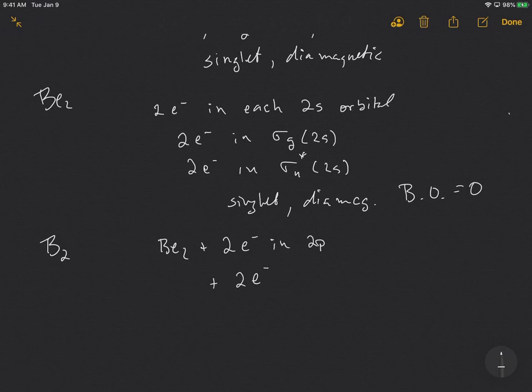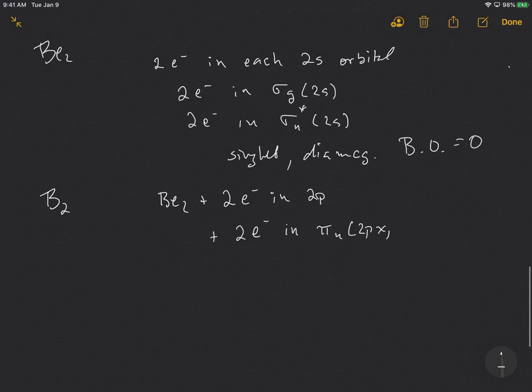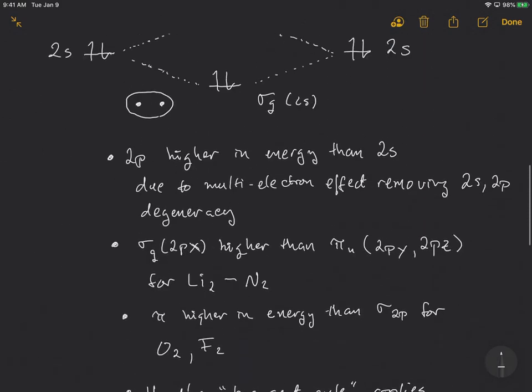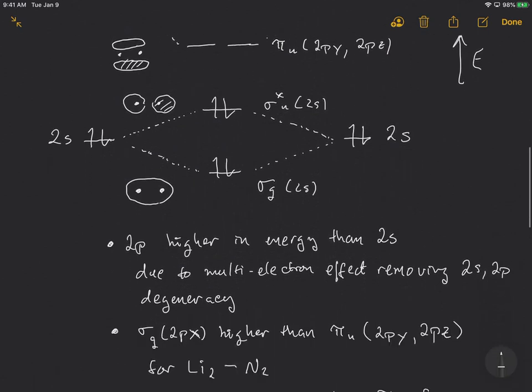The next highest molecular orbital is going to be pi u, 2px, 2py, or sorry, 2p, 2py, 2pz.